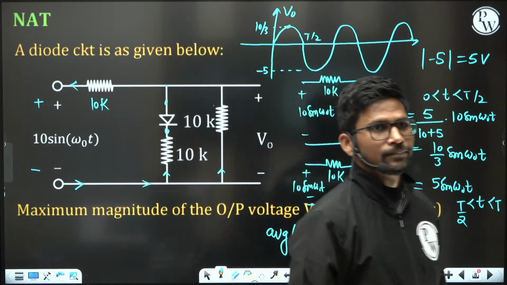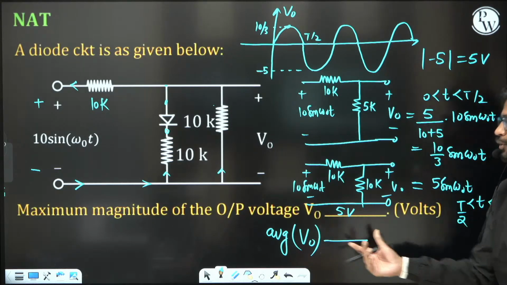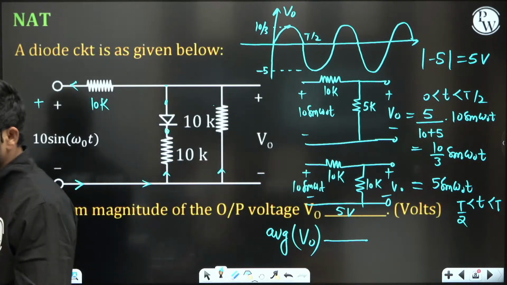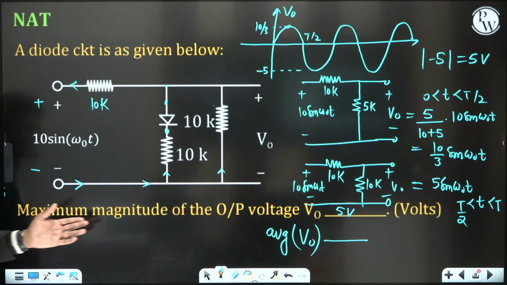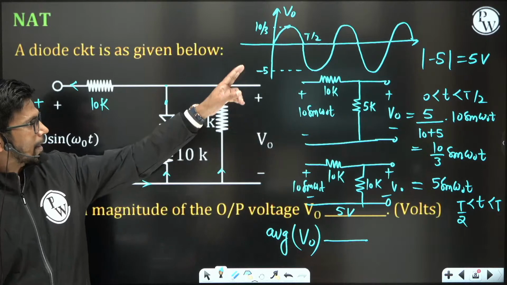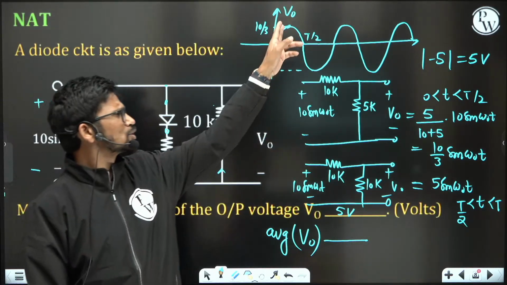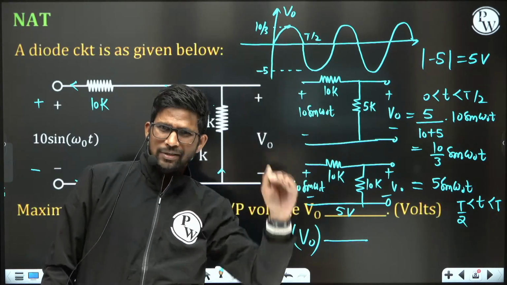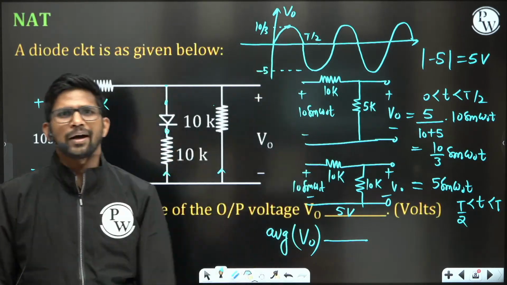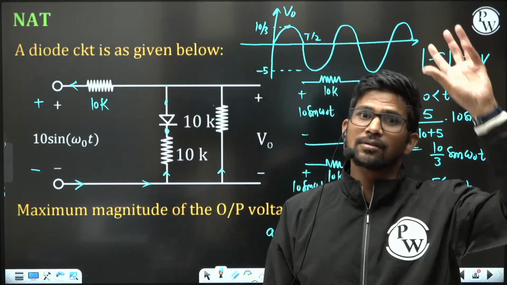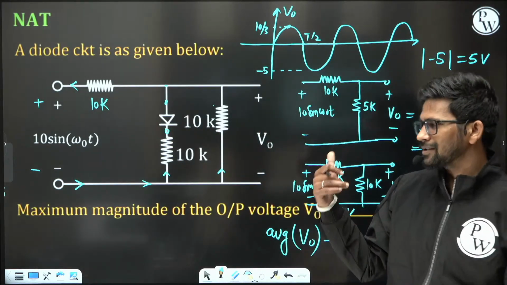Who will tell me? What is the average value of V naught? Who can find out this value? The maximum magnitude is 5 volt, and it comes in the negative half of the cycle. In the negative half of the cycle, it is going to the lowest value of minus 5, and the magnitude of this lowest value is 5. That's why the answer is plus 5. Okay.